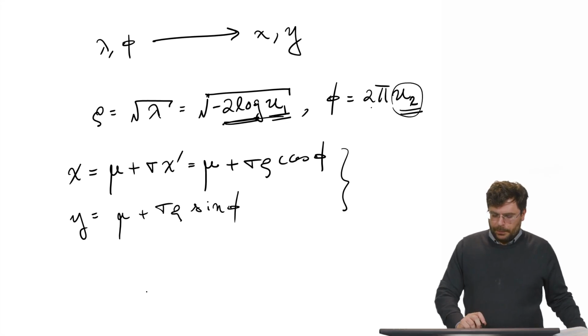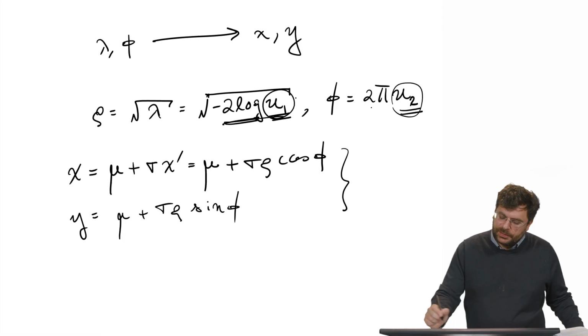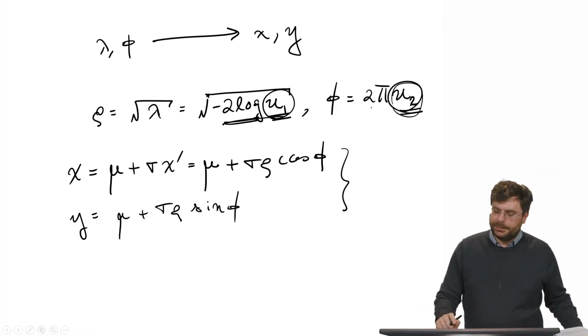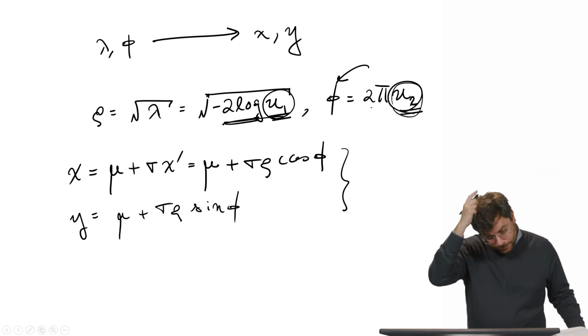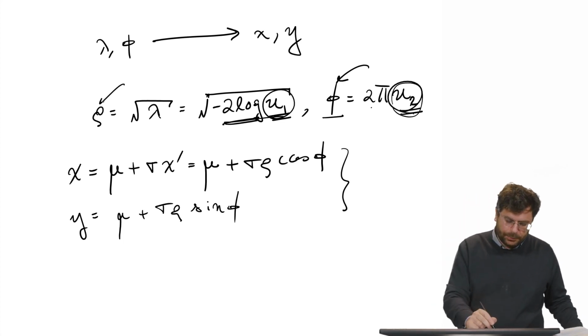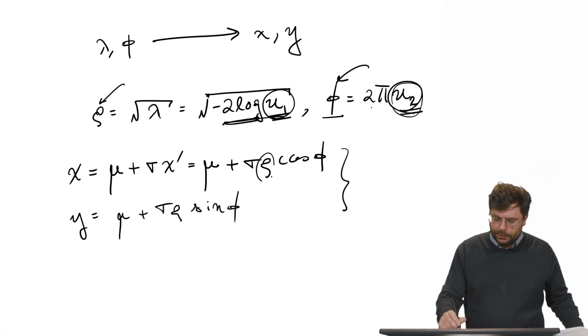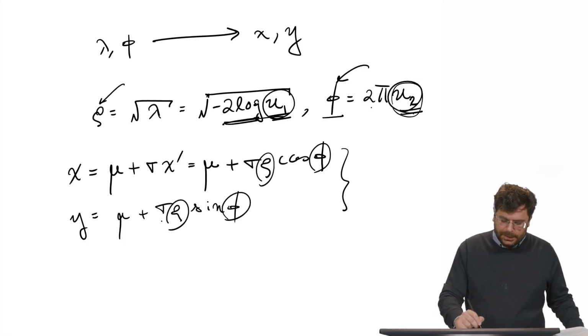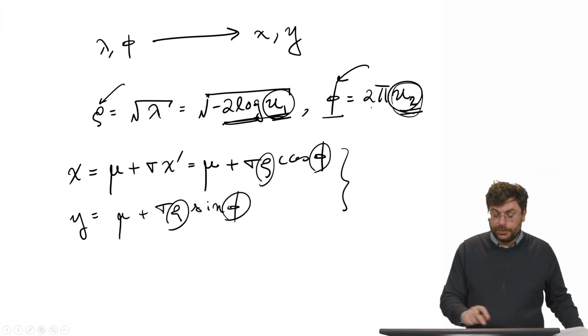So what have I done? I've generated two uniform random numbers. I've used those random numbers to compute phi and to compute rho. Once I have done that, I plug rho and phi into these formulas, which undo the transformation I did earlier, because remember x prime was x minus mu divided by sigma.